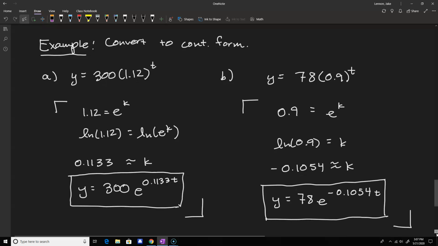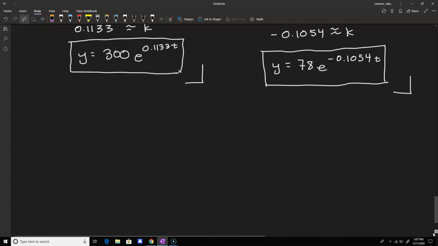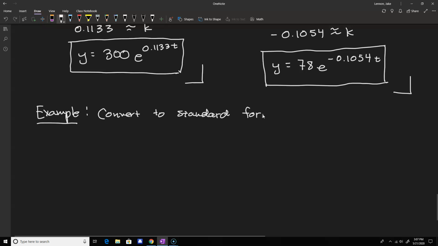All right, continuing on, let's look at converting the other direction. So let's convert some continuous forms to standard form. For A, let's look at y equals 700 e to the 1.3t.